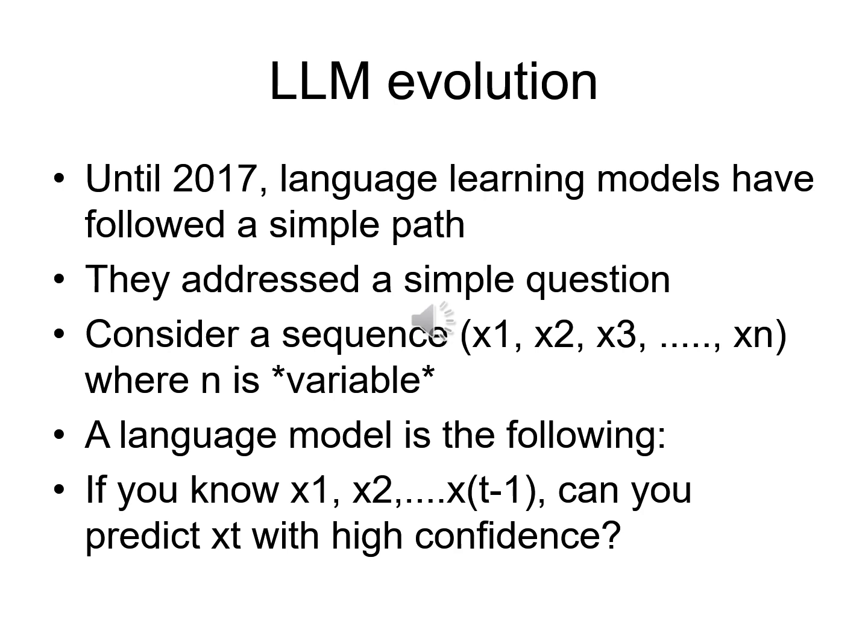So the large language models usually took the following form. If you know x1, x2 up until xt minus 1, can you predict xt with high degree of confidence? That was the main flow of the model.